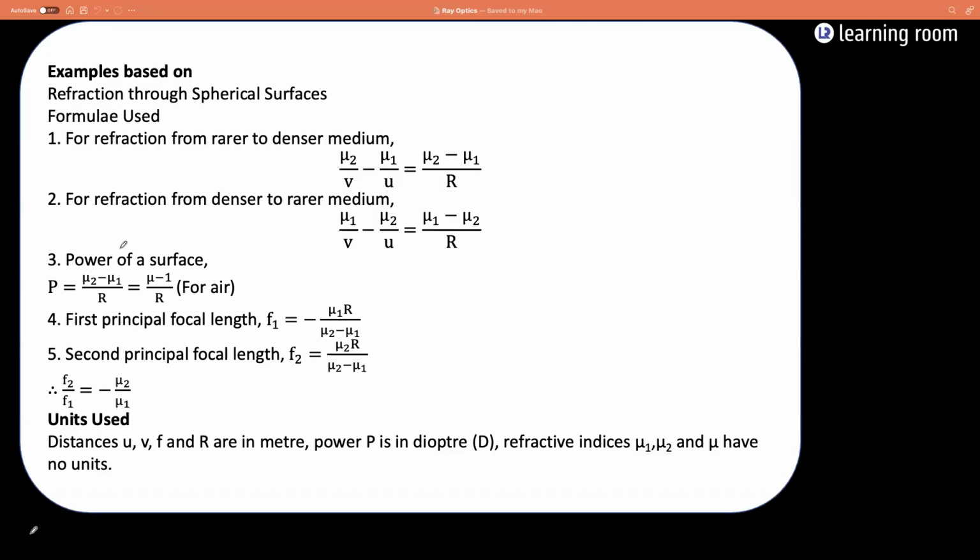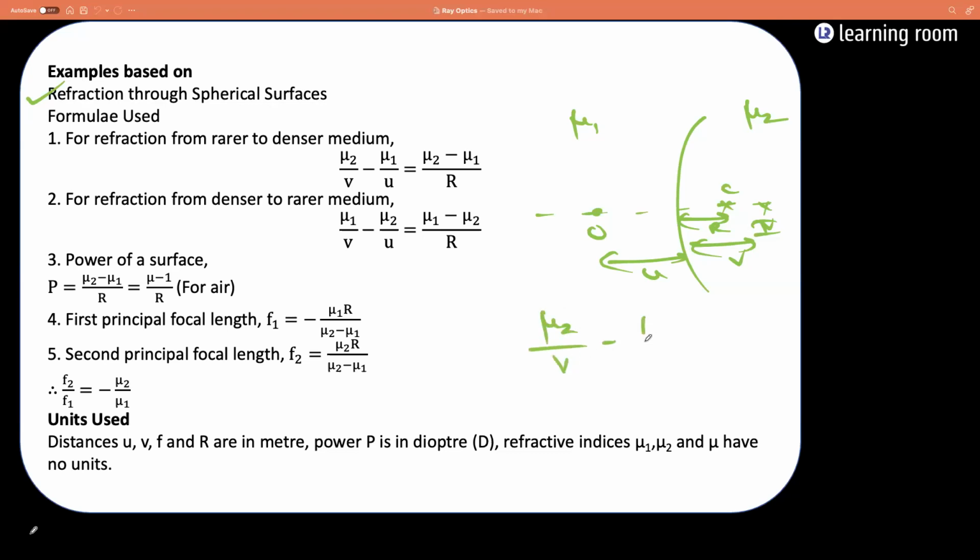The next concept is refraction through spherical surfaces. So when the boundary is spherical in nature, if the object is placed in a medium of refractive index mu1 and the image is formed in mu2, for instance, and if this is I, this distance is V, this distance is R, and this is U, then what will we write?